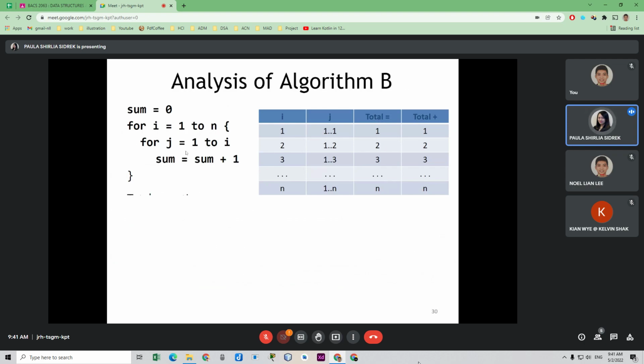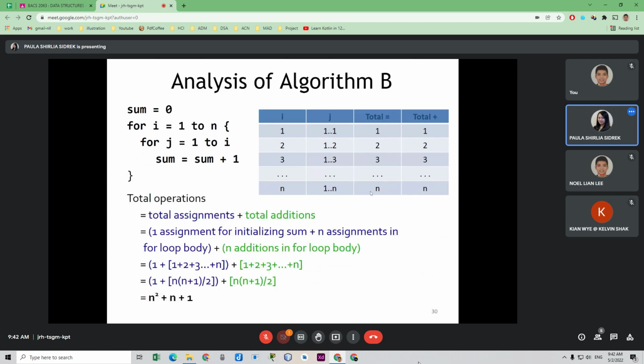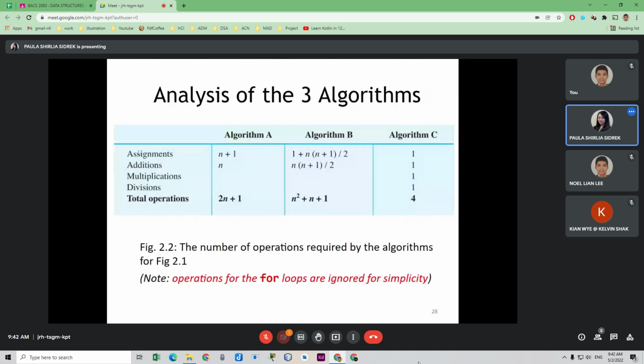If I is 2, therefore your j should be between 1 to 2 and so forth. So total for 1 would be 1, and still addition would be 1, and the rest until the value reaches the n value at the end, which is the total number of your elements n. Okay. So how do you calculate your total operations? Again, you calculate the total assignments, and then you come for your total operation.